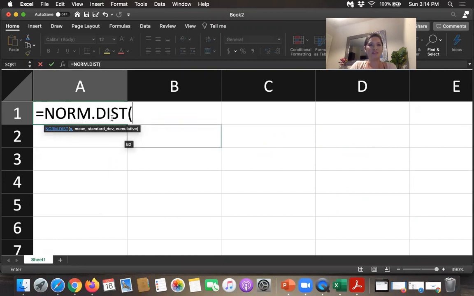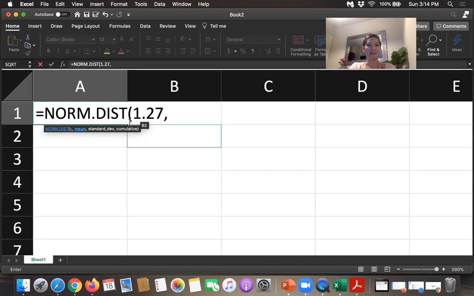And down here it says that the values of the variables that you're supposed to enter are the particular X value, in this case, we're using Z values, the mean of that normal distribution, the standard deviation of that normal distribution, and whether or not you want the cumulative area to the left. So our Z-score that we're interested in is 1.27.